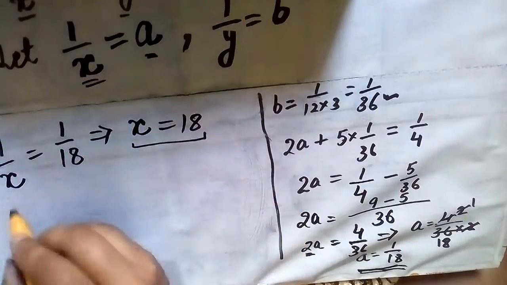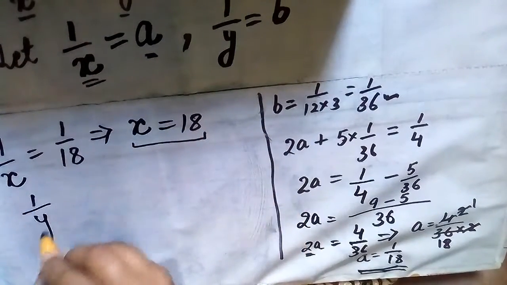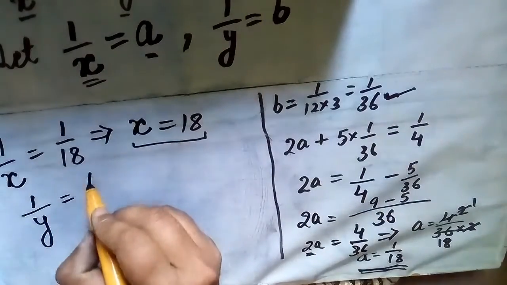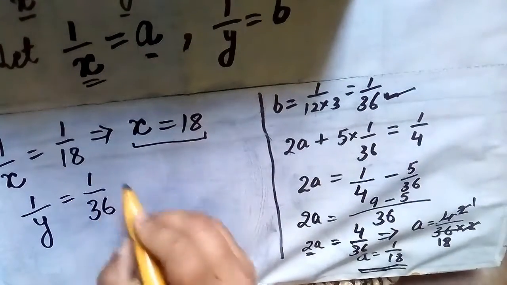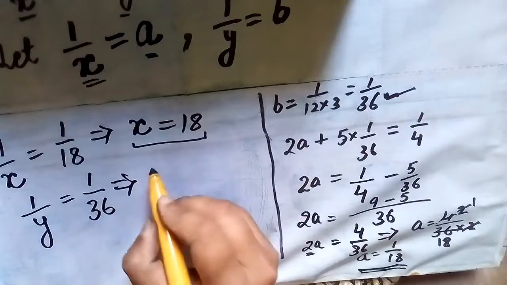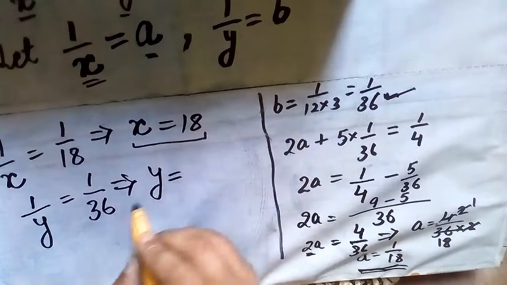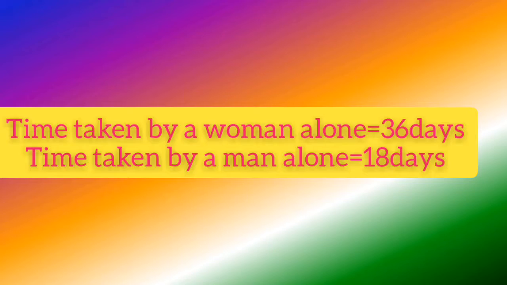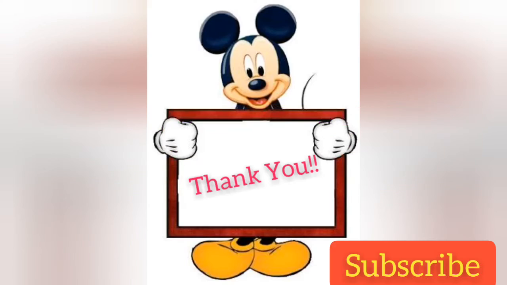In the same way, 1 upon y equals b and b equals 1 upon 36. So 1 upon y equals 1 upon 36. Take reciprocals again, y equals 36. Hence, you can say that the time taken by a woman alone equals 18 days and the time taken by a man alone equals 36 days. Thank you and keep smiling.